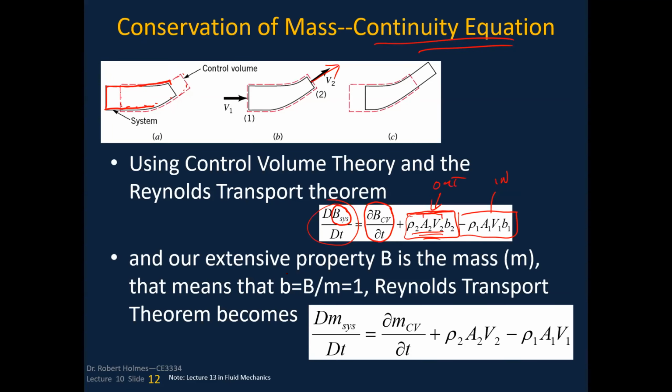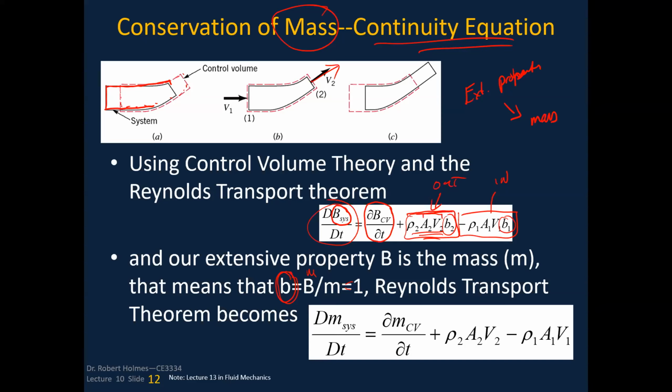Now, we've got the intensive property, which is this little b, so that shows up here, shows up there. Now, if we're dealing with conservation of mass, our extensive property in this situation is going to be mass. And so if mass is our extensive property, little b is just basically mass divided by mass, or it's equal to 1.